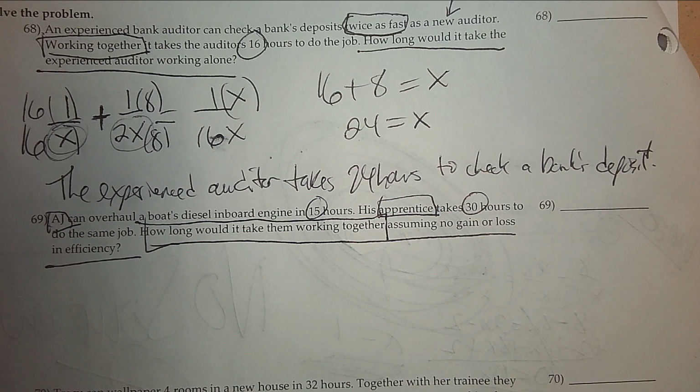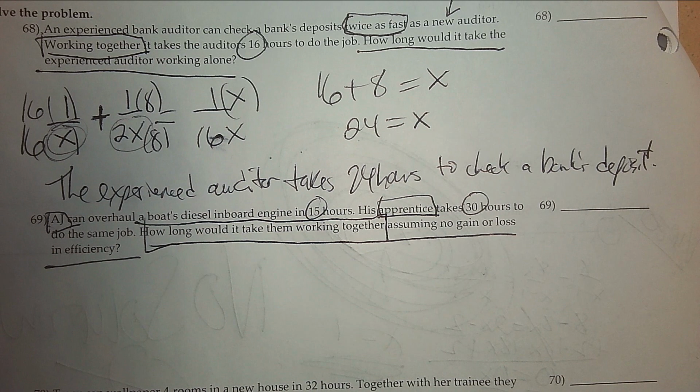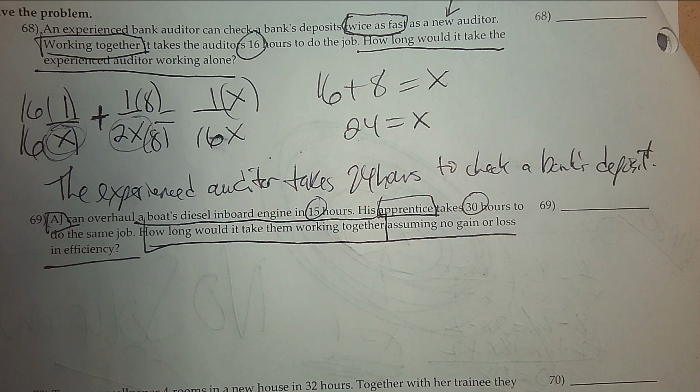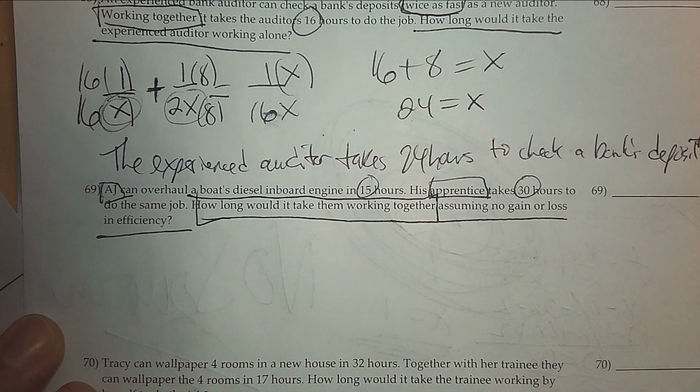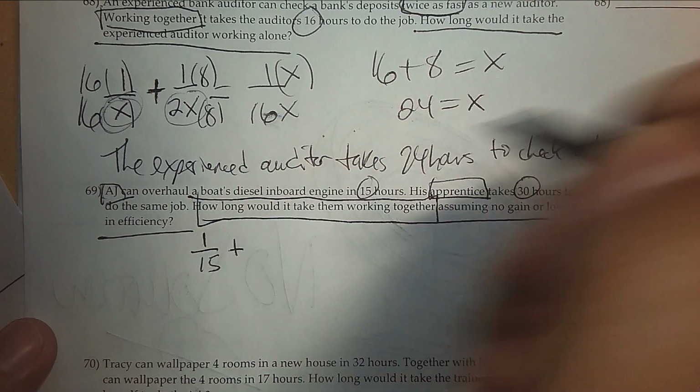So I'm going to give you a moment. Set it up. Then I'll set it up. So we have AJ, we have the apprentice.